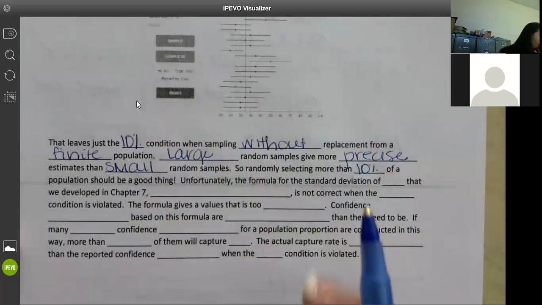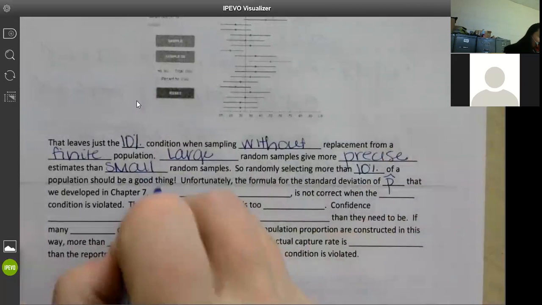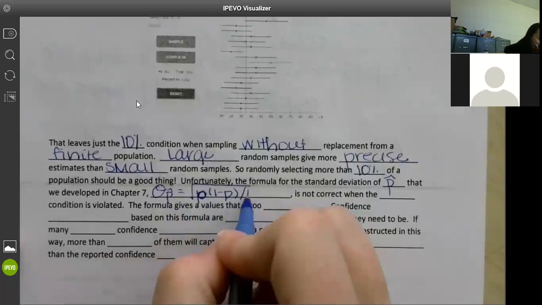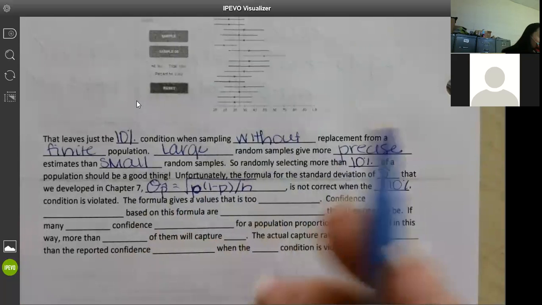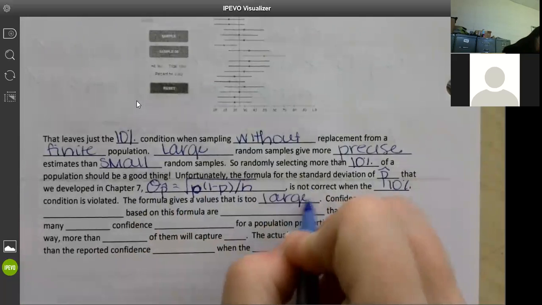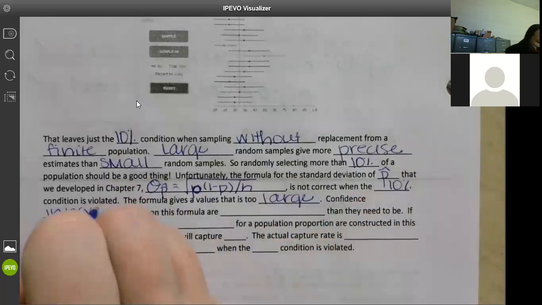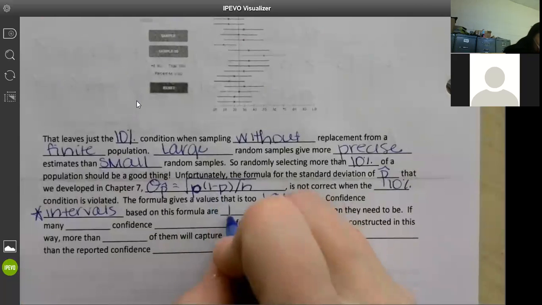Unfortunately, the formula for the standard deviation of P hat that we developed in chapter 7, P times 1 minus P over N, take the square root, is not correct when the 10% condition is violated. The formula gives values that are too large. Confidence intervals, this is important, based on this formula are longer than they need to be.